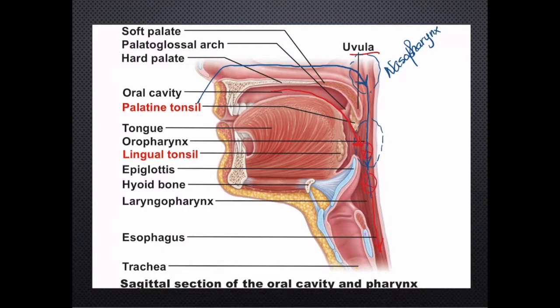Then the air travels in the part of the pharynx behind the larynx, which is my laryngopharynx, and then travels to the larynx, to the trachea, to the lungs later on. So you see on here, the oropharynx and the laryngopharynx did serve as a common pathway for air, fluid, and food.